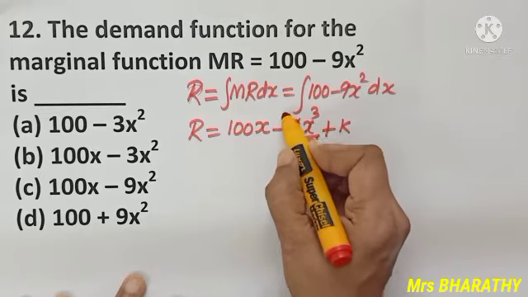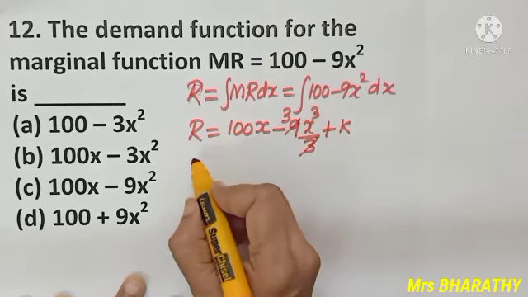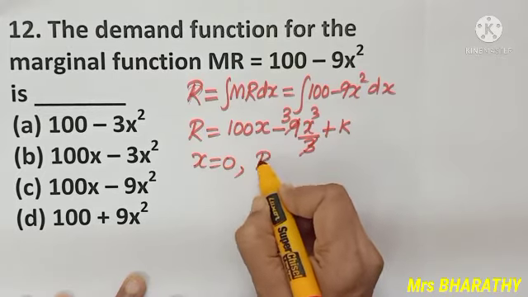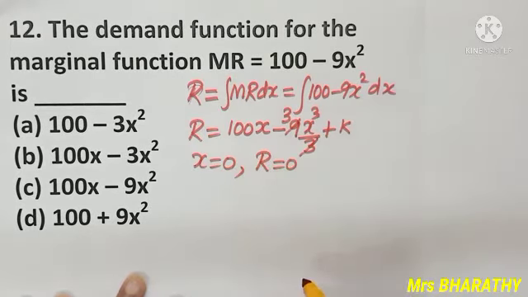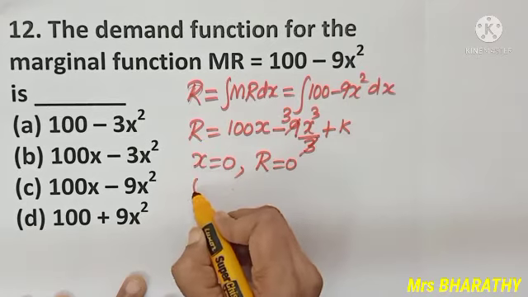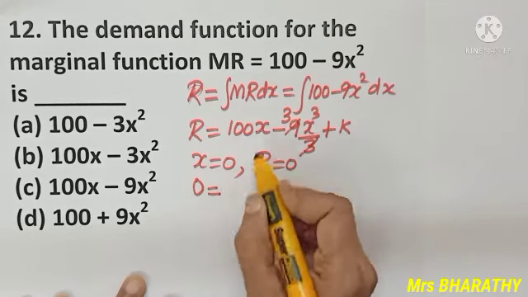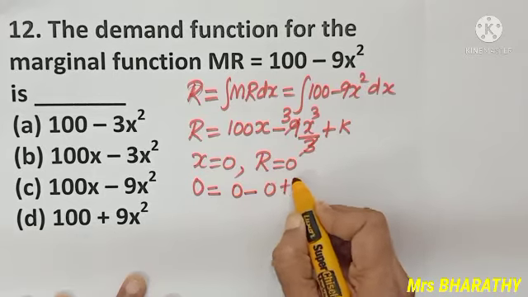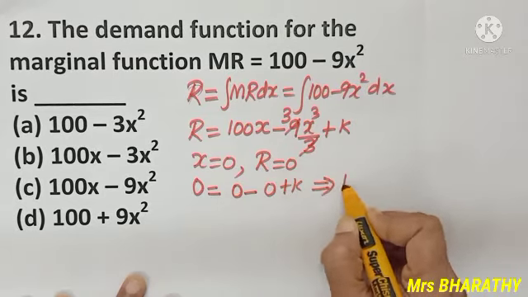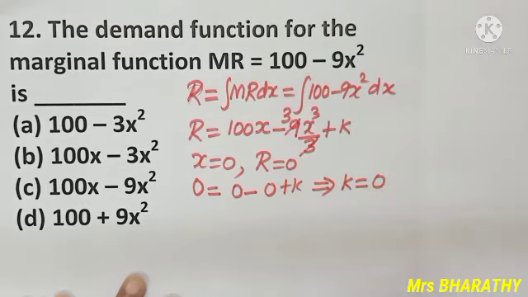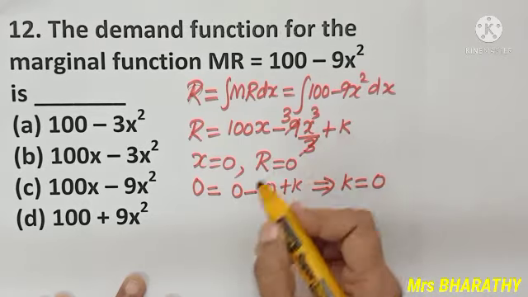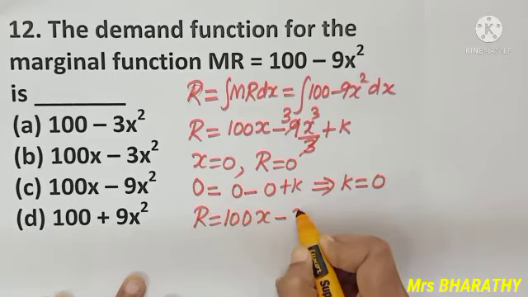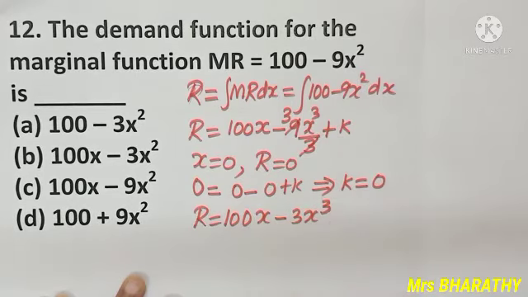As we simplify, whenever x is 0, the output, we have revenue also 0. As I substitute R0, 100 into 0, 0, minus 3x cube 0, plus k. This leads k also to be 0. As we substitute, R equals 100x minus 3x power 3.